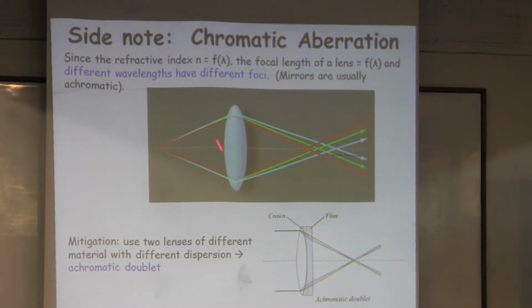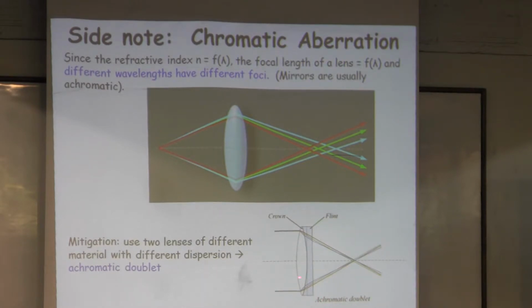One way to correct for that is to combine two lenses with different materials, and then you can take out this effect to some extent. In one case you have a very strong dispersion, in the other case less, and if you tweak the curvature, where you can control the focal length, and the combination of the materials, you can construct what's called an achromatic doublet.